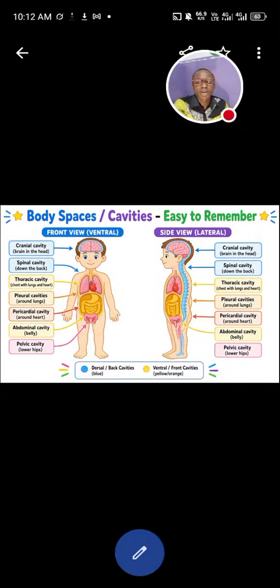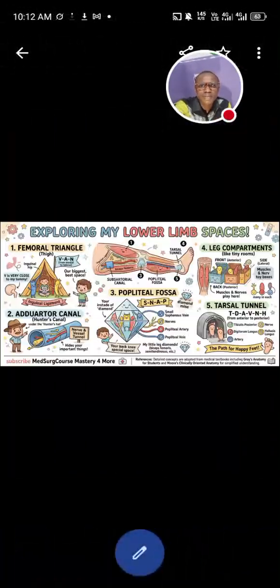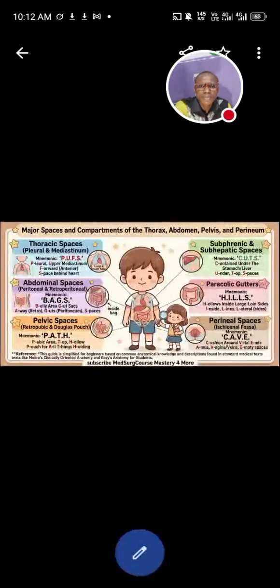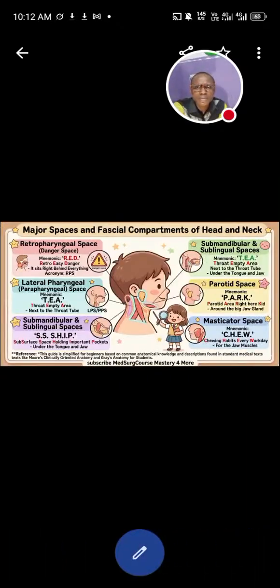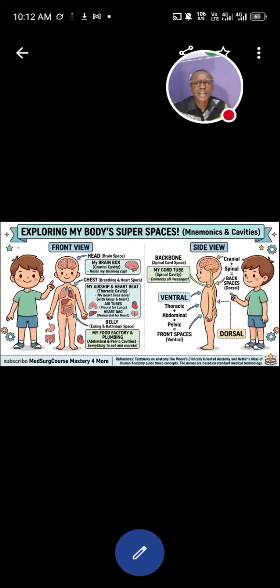Let's get another version that considers all the spaces in the human body. Here's another version of it, exploring my body's super species.